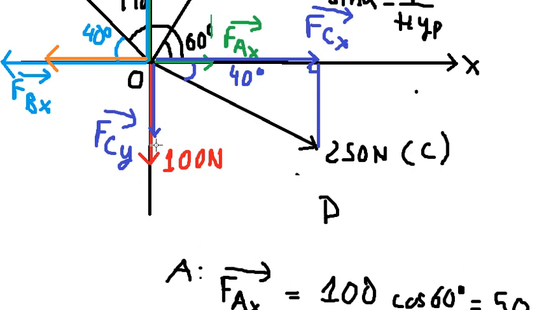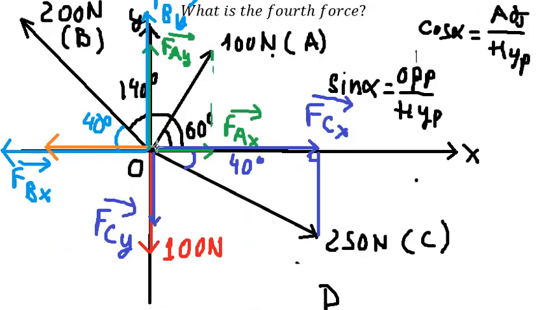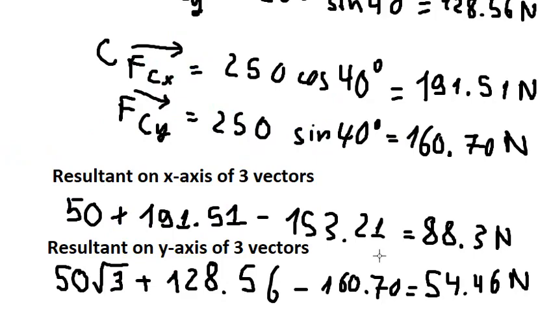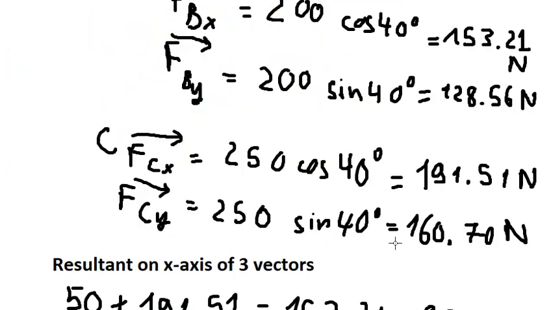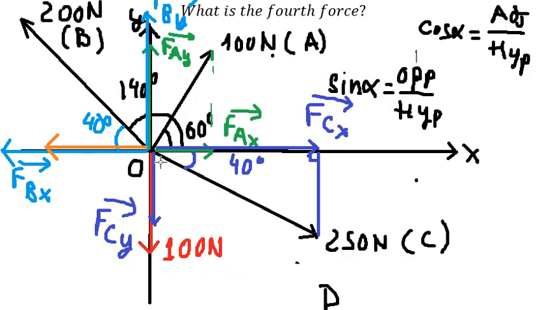And now about the red one, we have 100 newtons, but the resultant of the three vectors in here, they go in this way. So that means we want to get 100 newtons. We need to add about 100 plus 54.46 go in this way.